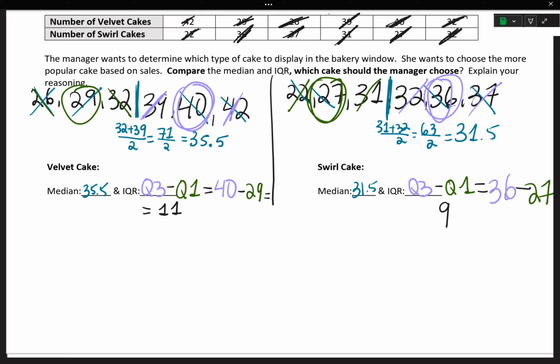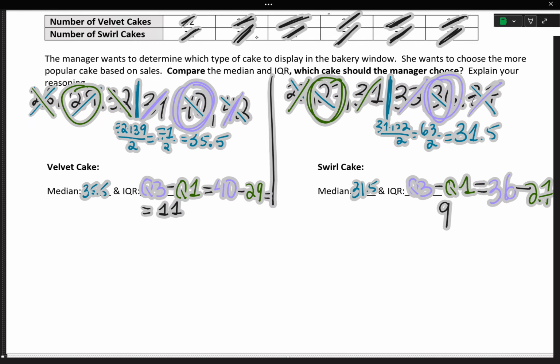Because even though the spread is larger and there is more risk, the smallest she's ever sold of it is 26. The IQR, if we do 35.5 minus 11, that's 24. Versus 31.5 minus 9, which is 22. I'm going to go with velvet.